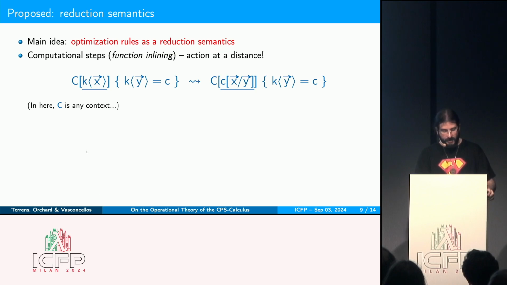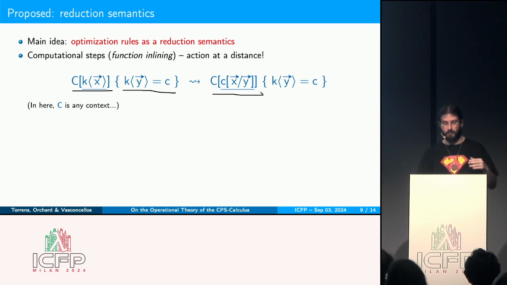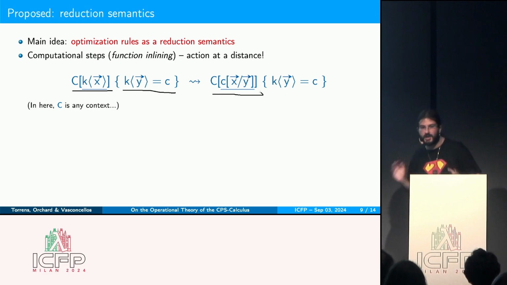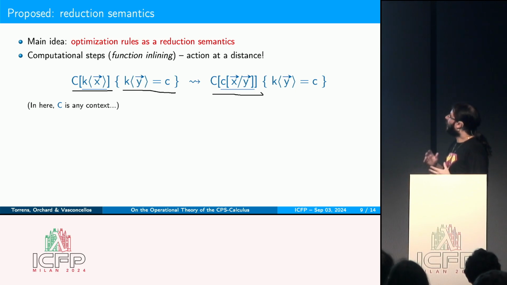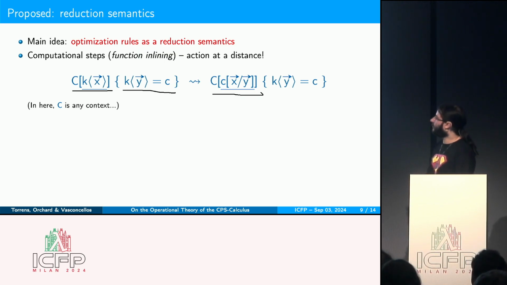It means that if anywhere in our term we have a jump to a continuation k, and we know what the content of k is, we can replace the jump by the content. This is just functional inlining. This appears already in some papers on compilers by Appel and by Kennedy, and we are now using this as a reduction semantics to give meaning to the CPS calculus.